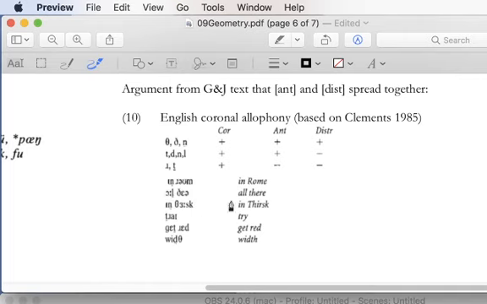And that's because it's taking on all of the minor place features of a following coronal consonant, because again, those minor place features, anterior and distributed, are dependent on the coronal node and are going to spread between coronal consonants only. Similarly, the claim is that in Thirsk there is going to be a dental nasal, and that's from assimilation to the following dental fricative.